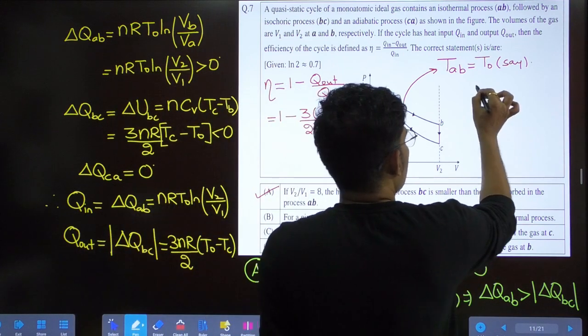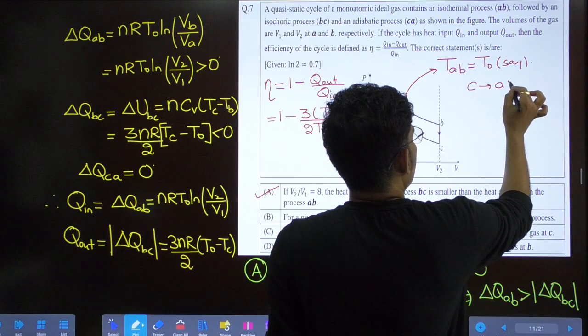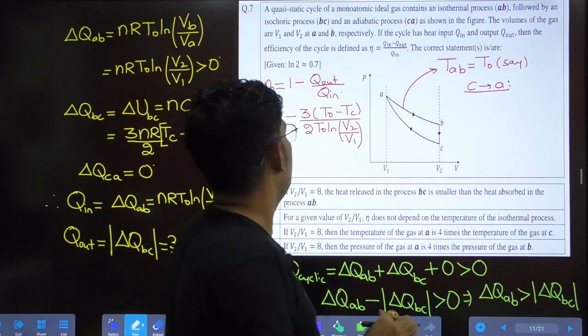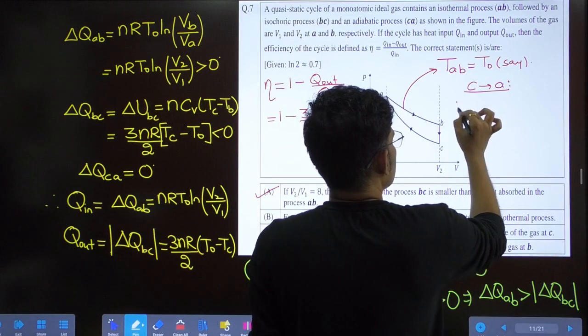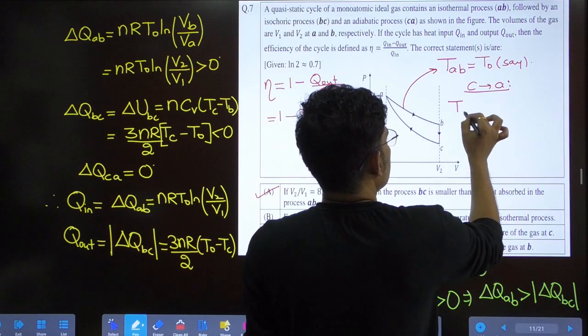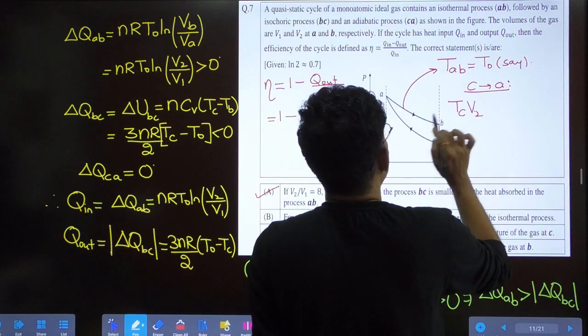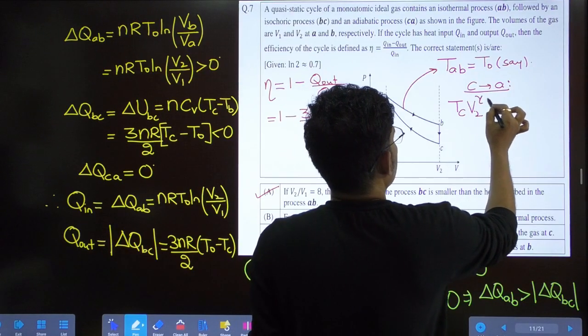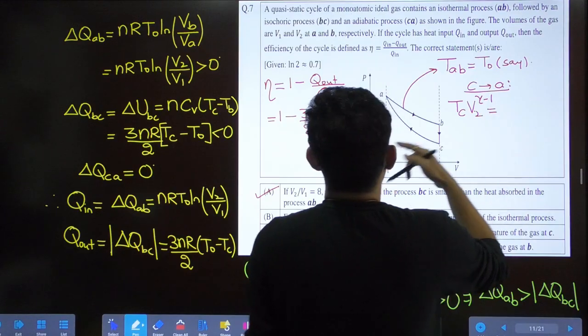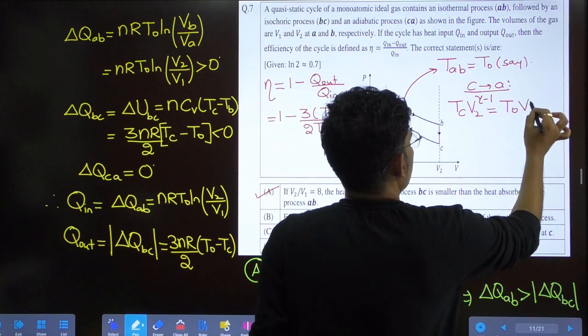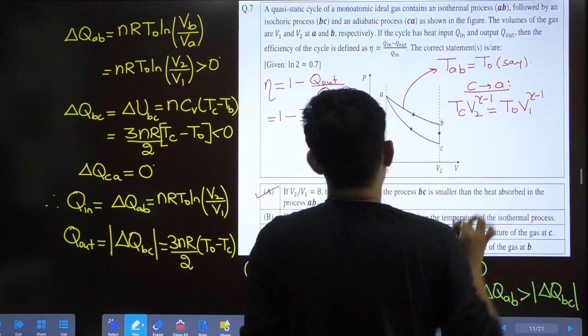So if I go in the adiabatic process C to A, we know TV^(γ−1) is constant. So T_C, volume is V₂, to the power γ−1 will become equal to T_A, which is T₀, V₁ to the power γ−1.